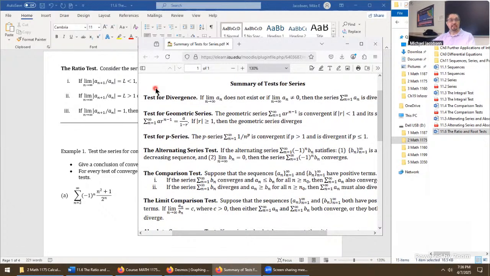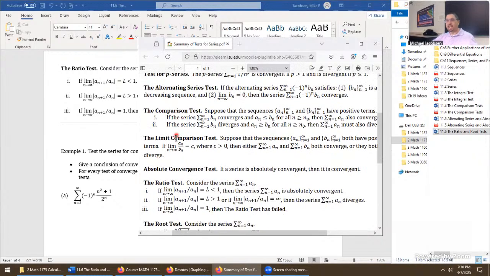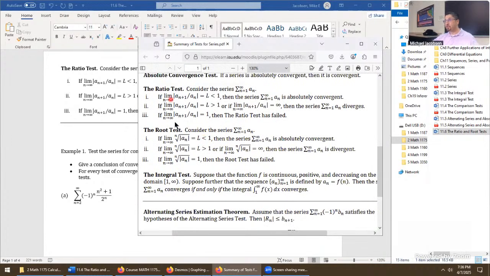By the basics, we mean we always need to be fluent on the test for divergence, geometric series, p-series, alternating series. These are nice when they work out, but the limit comparison test I would include as the next one amongst the basics. After that, these are the big ones, ratio and root test, and if all else fails, try the integral test.